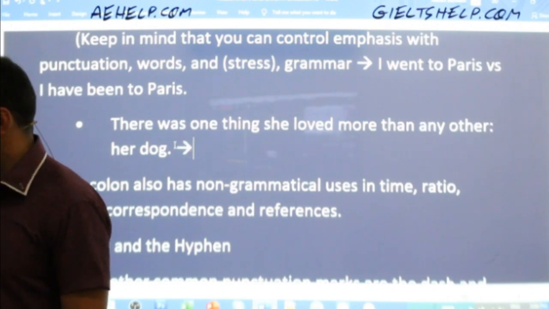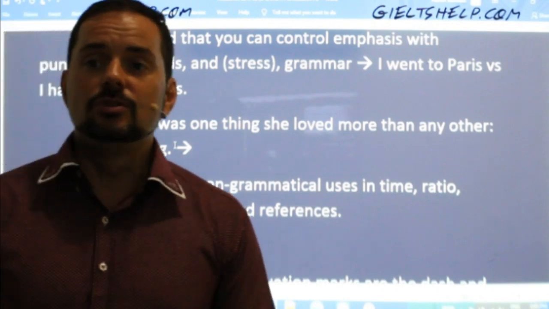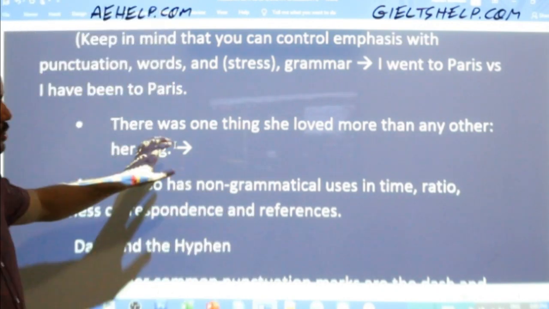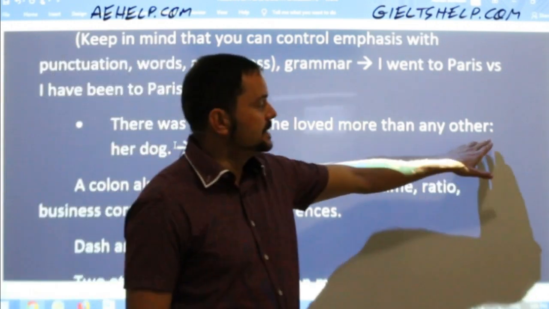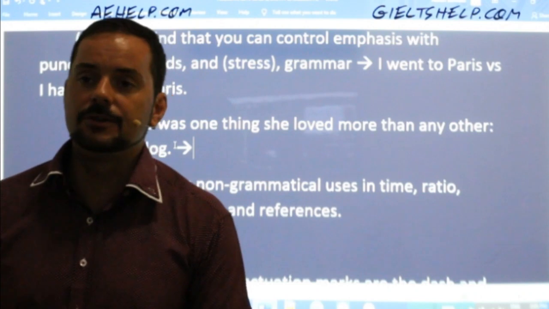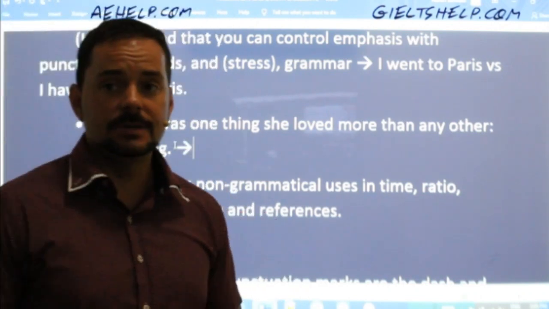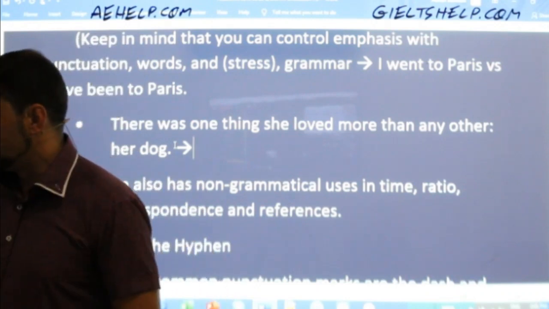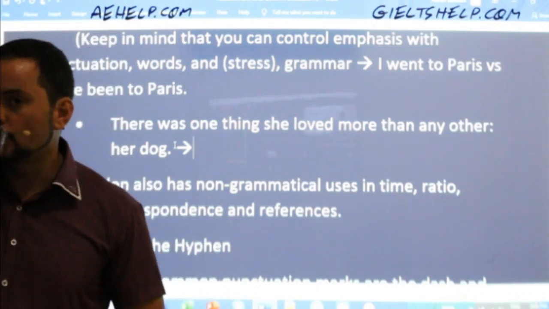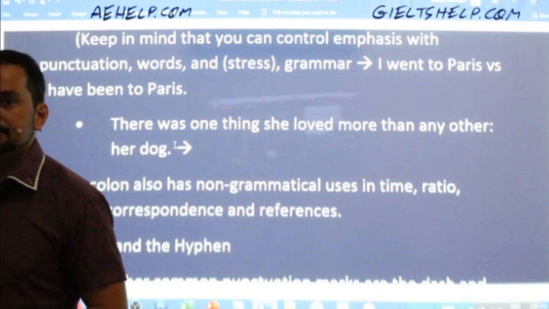And while you're thinking about that, I also challenge you to write a sentence where you create emphasis using the colon. This is the best case scenario for you to think of if you're planning to use the colon in your IELTS exam. So write some example sentences for me while you're thinking of my previous question as well. It's not the "more than any other," Preeti.